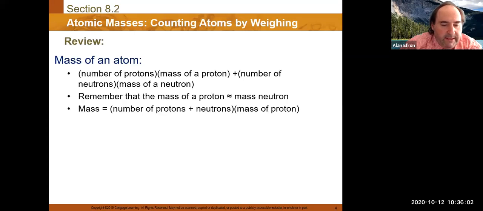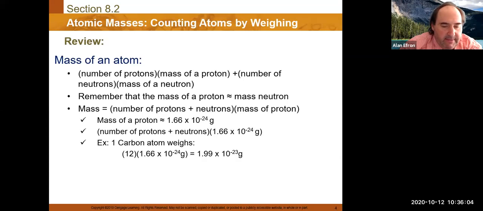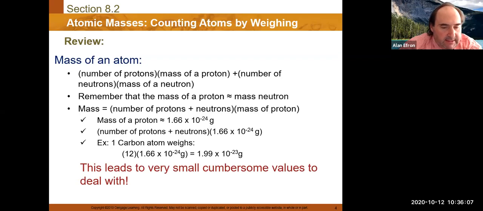So really the mass of an atom, as you may remember, has to do with the nucleus. Inside the nucleus is where we find protons, and it's also where we find neutrons. They are the heaviest of those three subatomic particles; protons and neutrons are each about 1,800 times heavier than the mass of an electron.